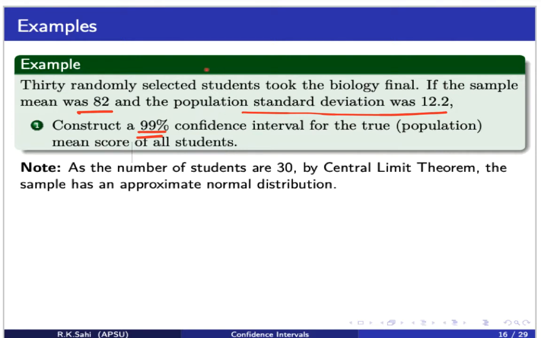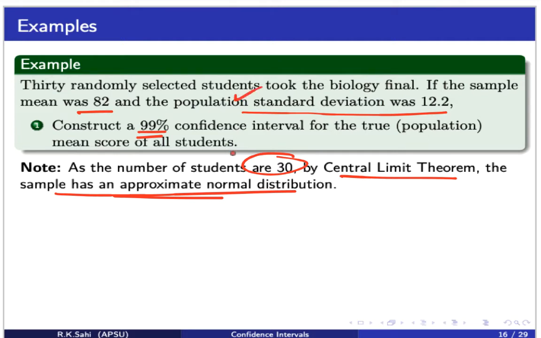Now remember, in this one, we are not given whether the distribution is normal or not. But if you remember the central limit theorem, it says that if you have sample size greater than or equal to 25, then that distribution has an approximate normal distribution. Now, as the number of students is 30, that means it has an approximate normal distribution.